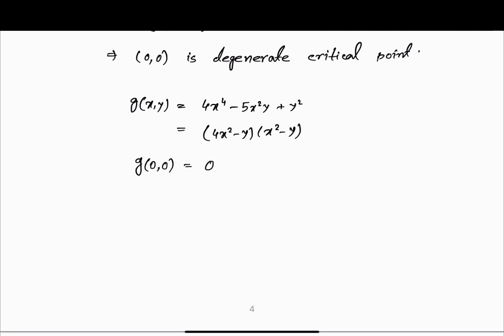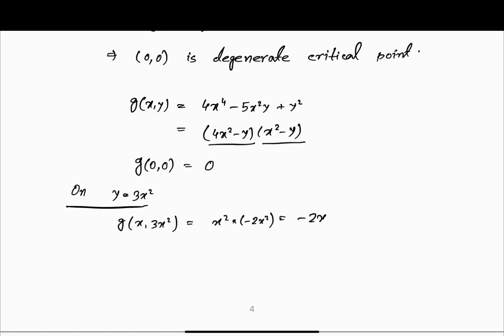So again, by looking at these two factors, we take two curves. We first take y equals 3x². What will happen along this curve? Then g(x, 3x²) will be x² times minus 2x², so it is minus 2x⁴, which is strictly less than 0 if x is not equal to 0.